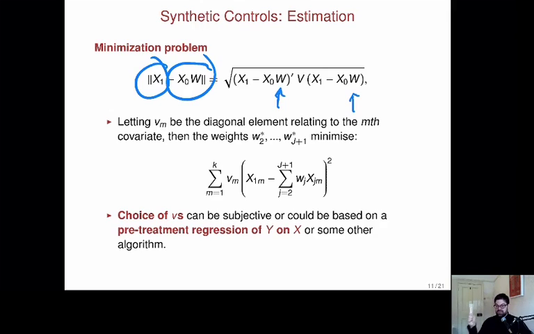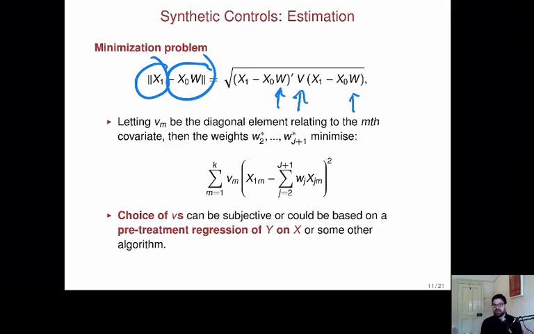Each year-variable combination would be counted as a separate variable, and each additional static variable that you throw in there, population size or something like that, would also be counted as a separate variable, and that would be governed by those weights V.